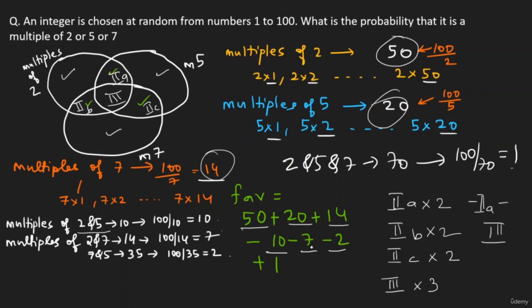Similarly, when we subtract 7, which is the multiples of 2 and 7, we subtract 2B and 3, because this is the area where we get 7 over here, 2B plus 3. So that's getting subtracted. So let me write that over here, minus 2B minus 3, and when we subtract 2, we are subtracting 2C and 3. So minus 2C minus 3. We can see that 3 is getting subtracted 3 times, 1, 2, 3, right?